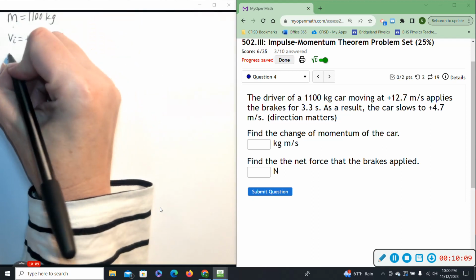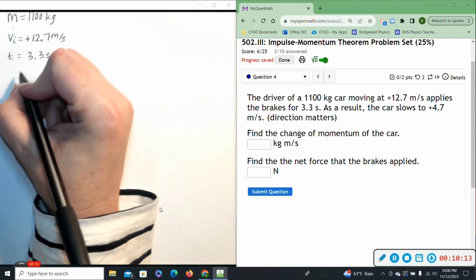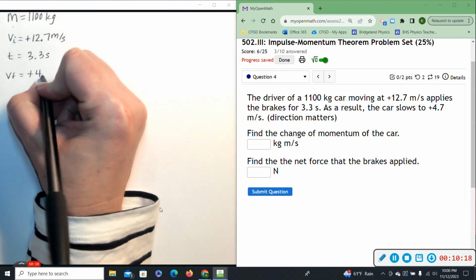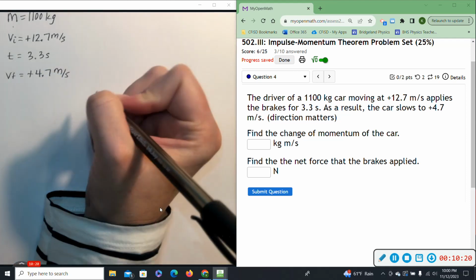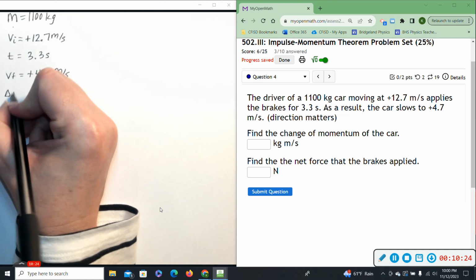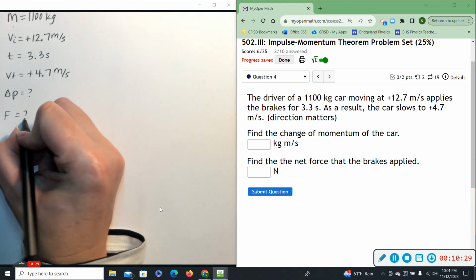We have a time of 3.3 seconds. We have a final velocity of positive 4.7 meters per second. And we are looking for change in momentum and force.